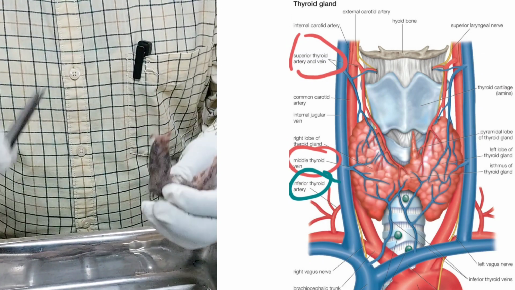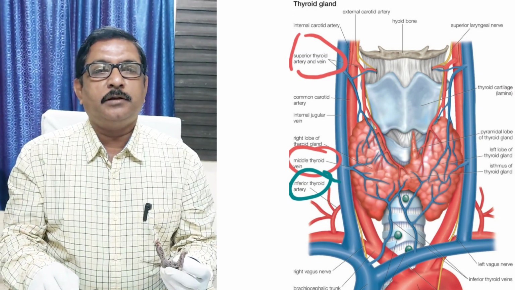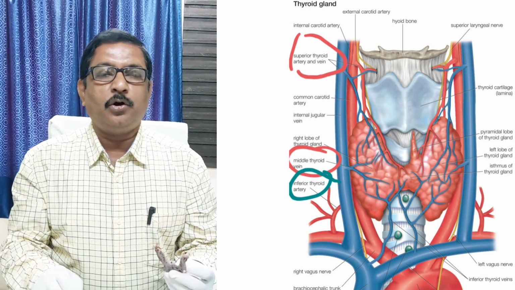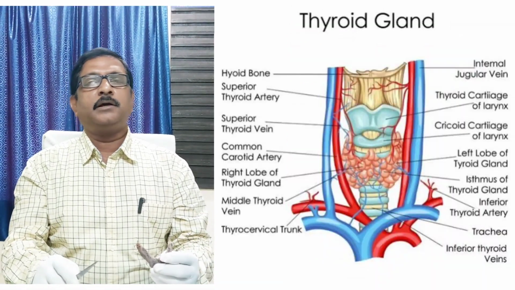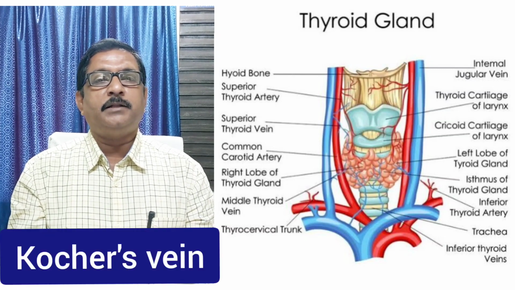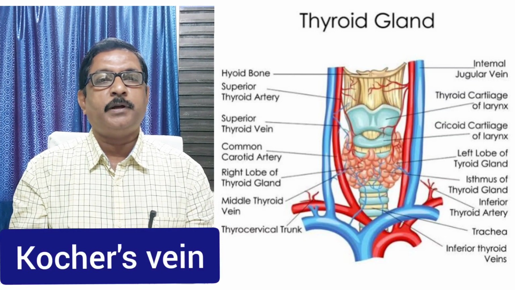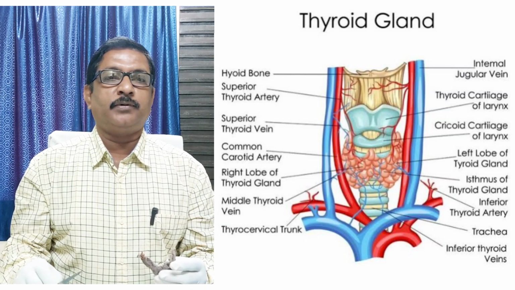But the inferior thyroid vein usually drains into the brachiocephalic vein of the left side, or maybe the superior vena cava. Another vein, sometimes present, is called Kocher's vein, also called the fourth thyroid vein. If present, it drains into the internal jugular vein.